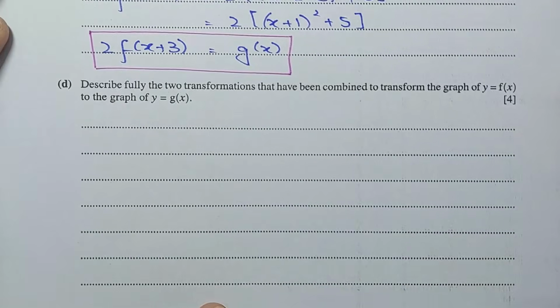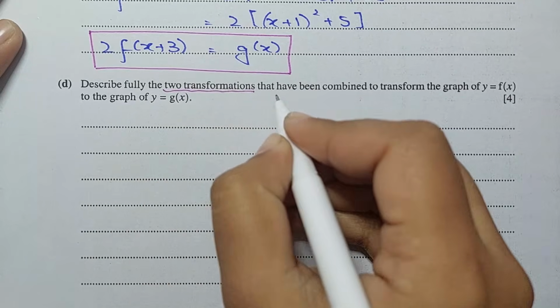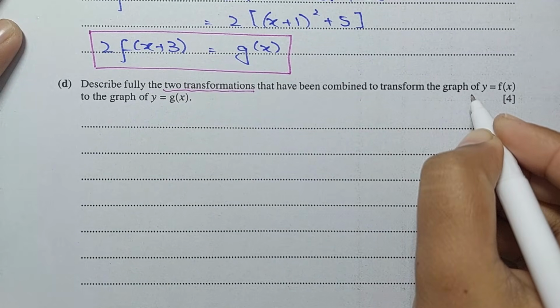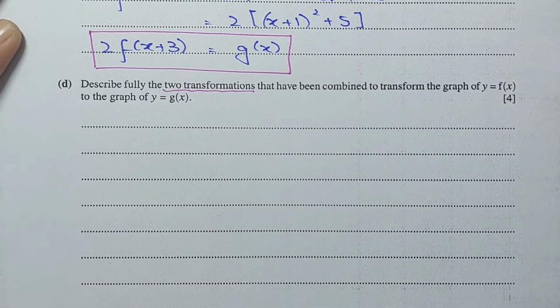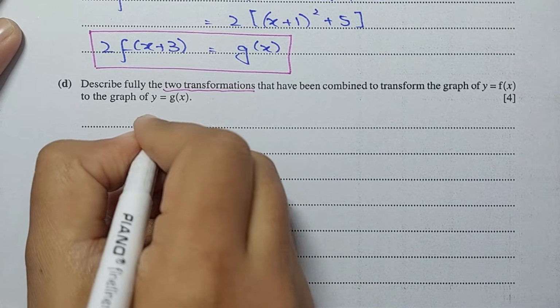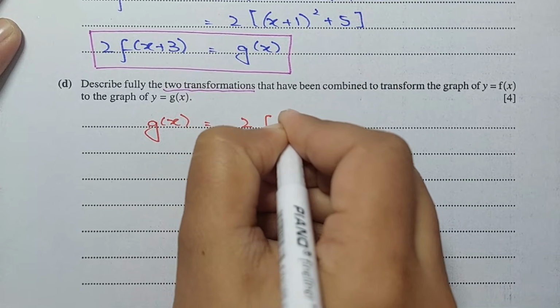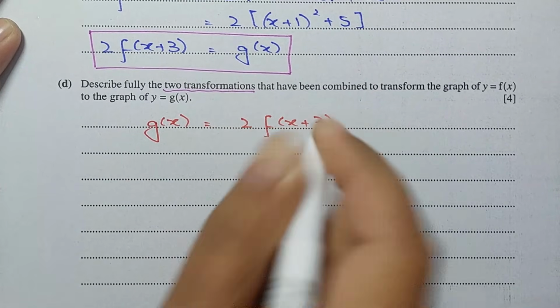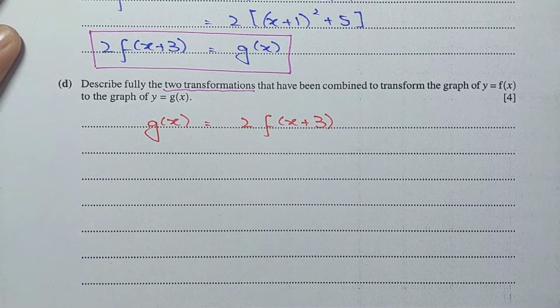Okay. Now for part D, describe fully the two transformations that have been combined to transform the graph of y equals f of x to the graph of g of x. We have already done in part C that g of x is 2 f of x plus 3. We can express g of x as 2 times f of x plus 3. So what are the two transformations?